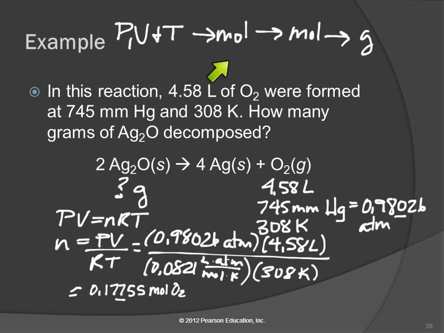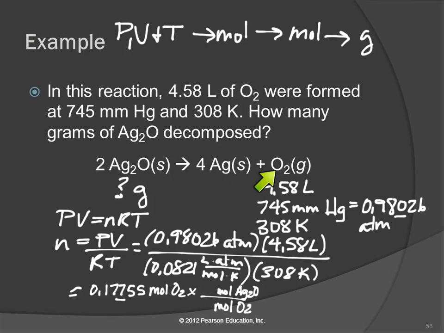So we just got to this point. We need to get moles of oxygen to moles of silver oxide. So moles Ag2O per mole O2. Where do we get the numbers for this conversion factor?